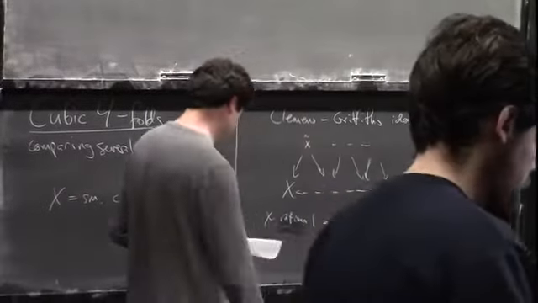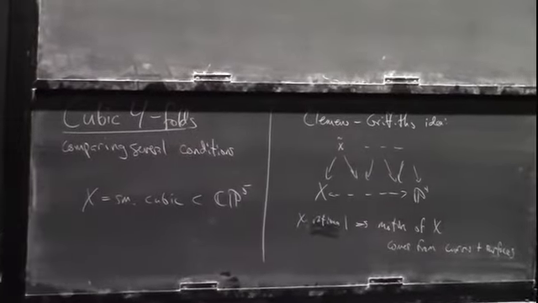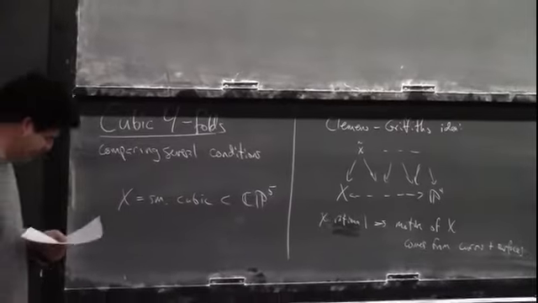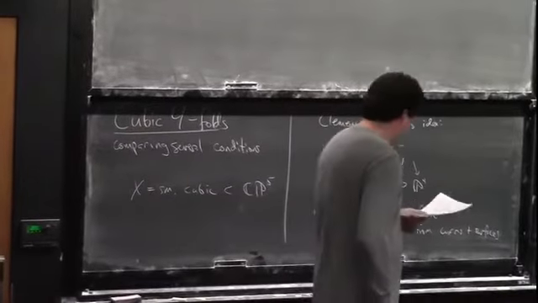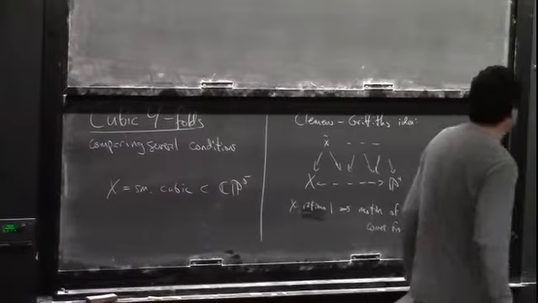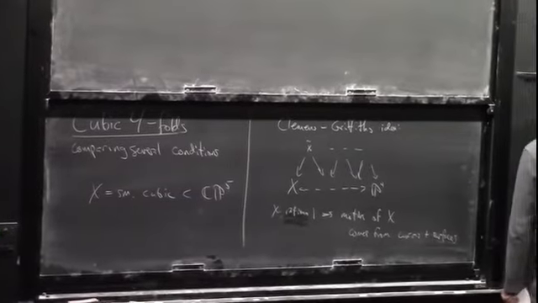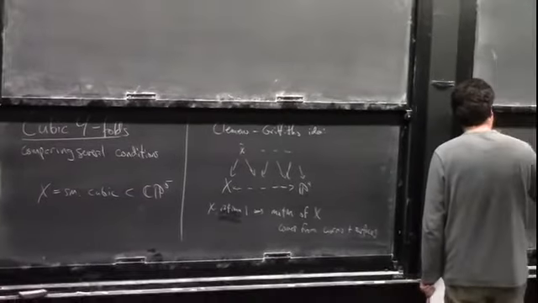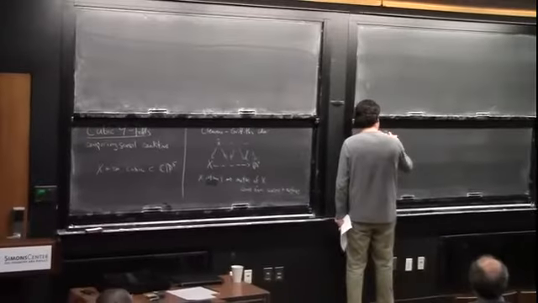So then, of course, the motive of P4 is just 4 points, essentially. And so you want to try to turn this idea into a proof.